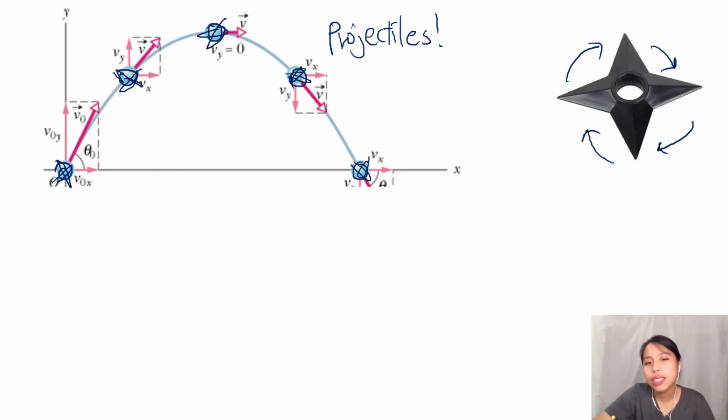The dot that we would use for this ninja blade, would it be the dot on either end? Most likely you would choose the dot to be the middle piece right there. So that middle piece will be what's following this whole projectile path that we have looked at a lot.